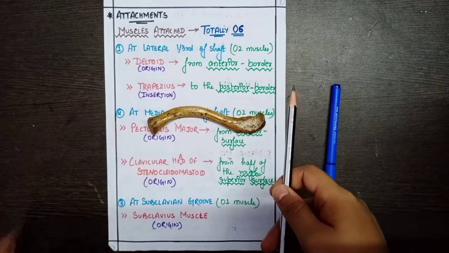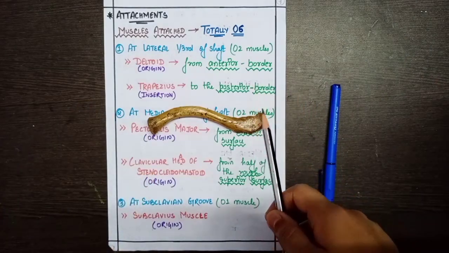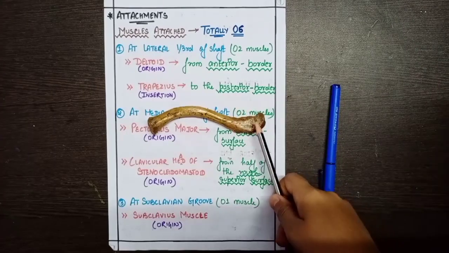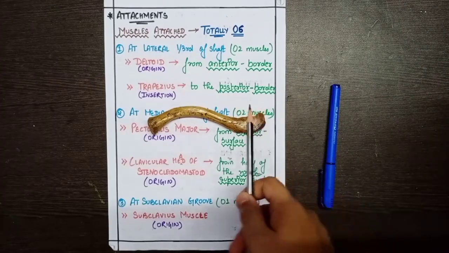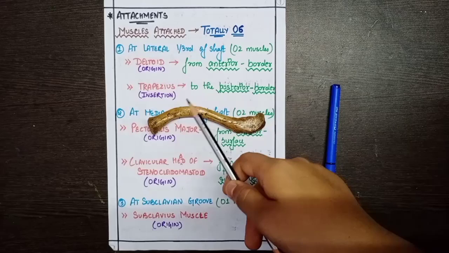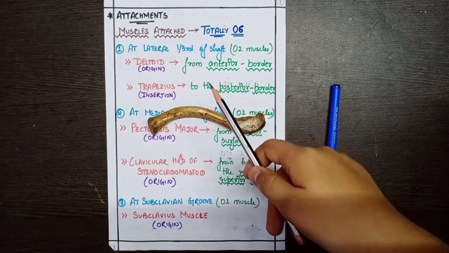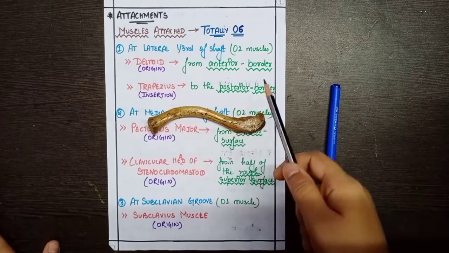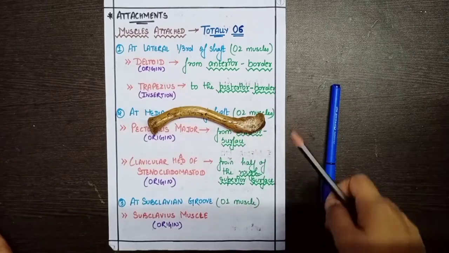The red colored muscles are the muscles that originate from the clavicle bone, and the blue colored muscles are the muscles that are inserted into the clavicle. And the ligaments would be colored in green.